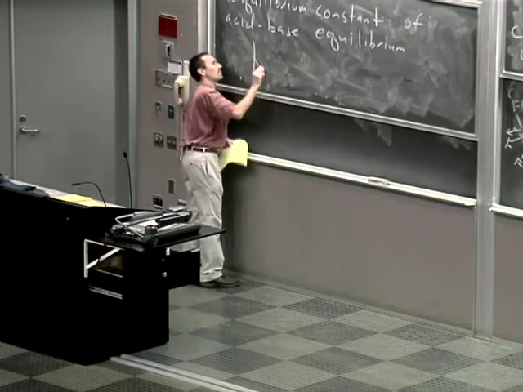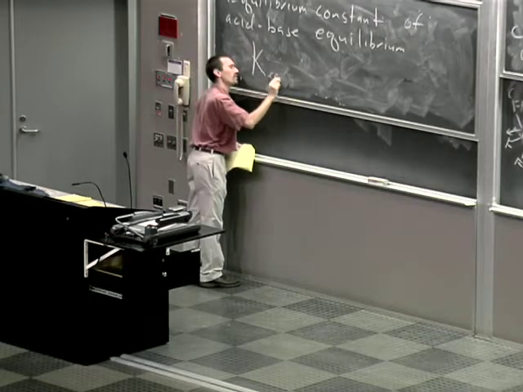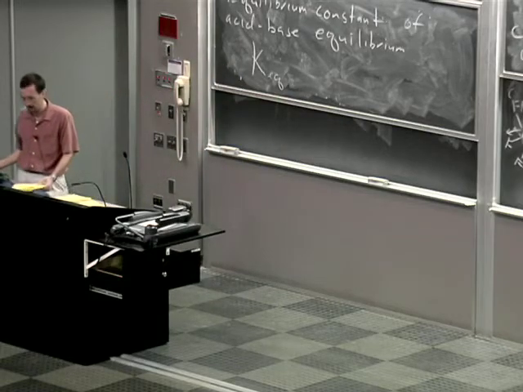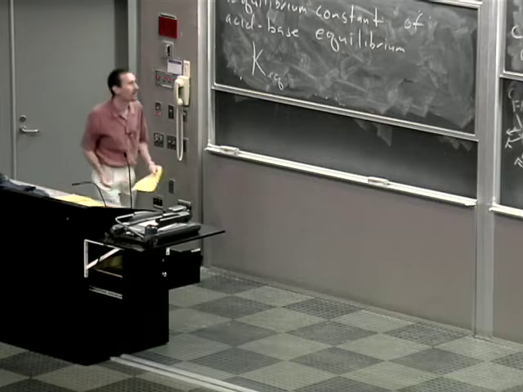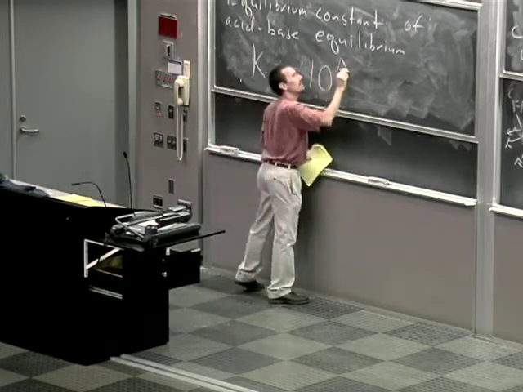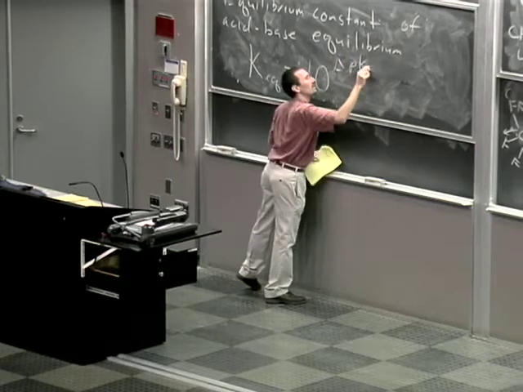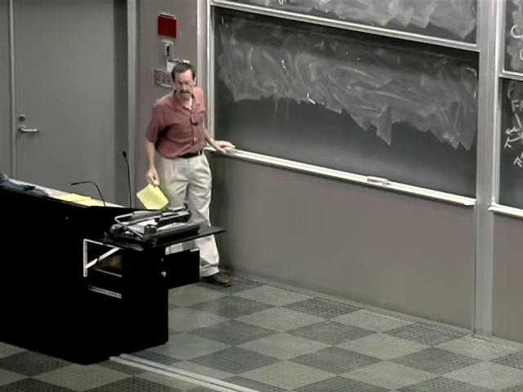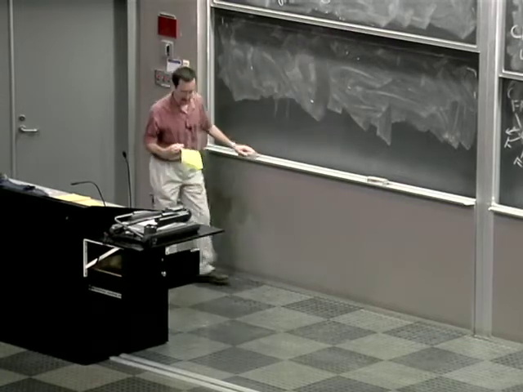Our equilibrium constant, KEQ, relating the concentration of products over the concentration of reactants, is equal to 10 to the delta pKa. As soon as I show you an example, you'll see exactly what I mean.